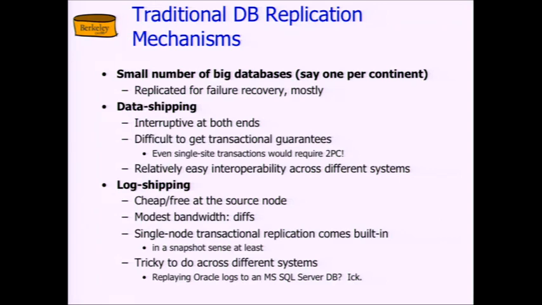And then single node transactional replication comes built in. So San Francisco transactions are happening, I'm generating log records. In New York, you're receiving log records. You see all the behavior of my transaction. You see the begin log record, you see all the update log records, you see the commit log record, and you see the end log record. So you know in New York which transactions from San Francisco you've gotten atomically committed and which ones you're still waiting to hear about.